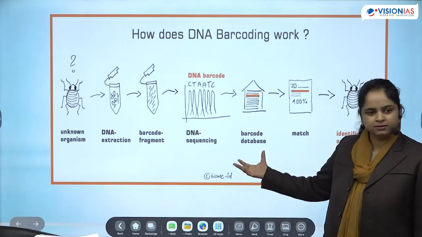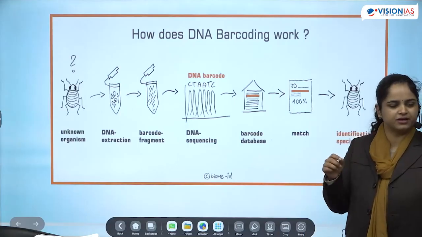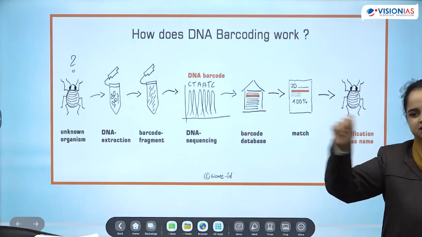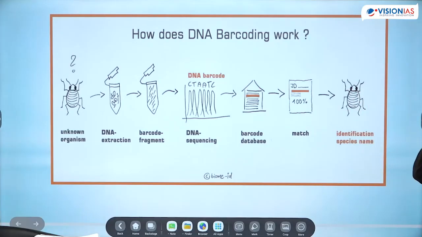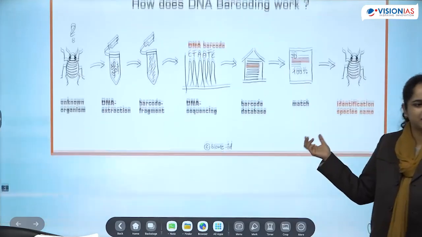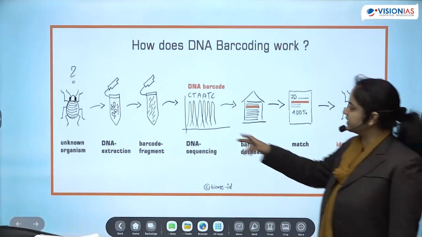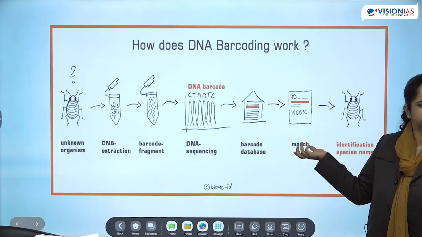Now there is a database which has already been in place जिसमें सब species का information है कि अगर insects का है तो okay, the different species of insects, this is the sequence for this species, this is the sequence of this species. Now once you find a match, ठीक है, मैच मीन्स कि ये जो आपने सीक्वेंस आइडेंटिफाई किया है CTAATC, ऐसा ही एक डाटाबेस में भी है.